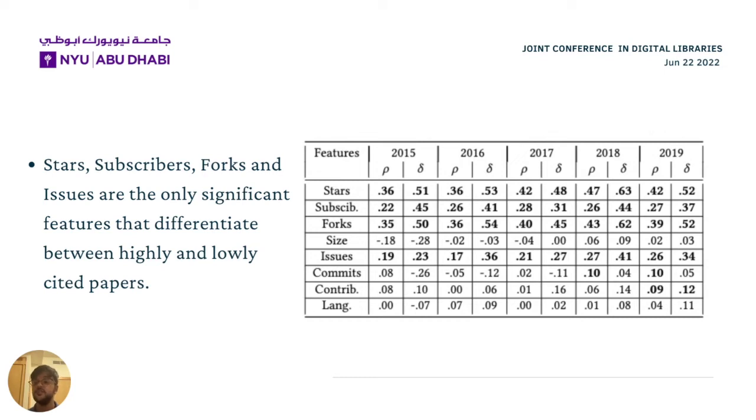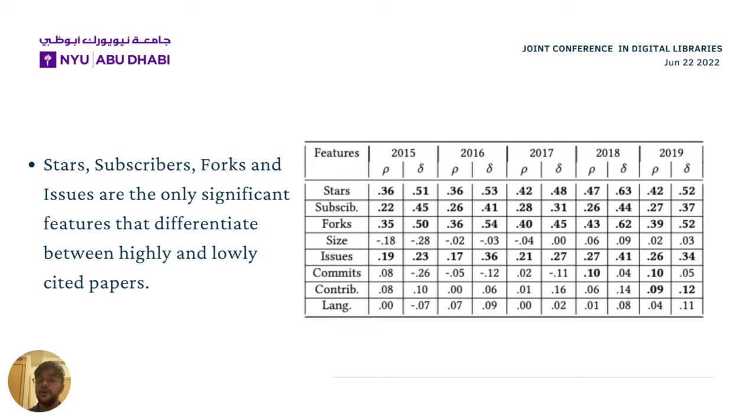Now, for the second research question, we drop all papers without a repository to understand the relationship between citations and repository attributes. We also exclude years before 2015 because there are not enough papers with a repository before 2015. This table here shows the Pearson correlation, which is the rho, and the Cliff's delta.